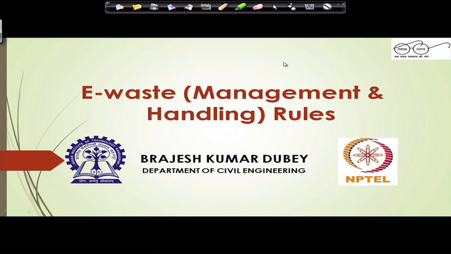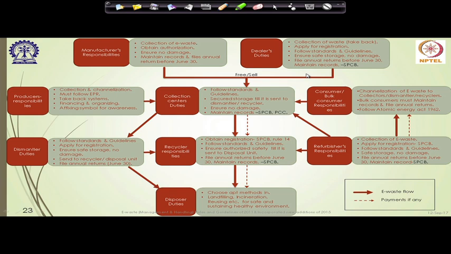In terms of the rules, as I said, I have tried to summarize. Don't worry too much, you cannot see much on these slides; this was just to show everything is here. We'll go into each of those boxes in detail. So, here we have manufacturer's responsibility, dealer's duties, producer responsibility, collection centers' duties, consumer, bulk consumers, refurbisher, recycler, dismantler, disposer.